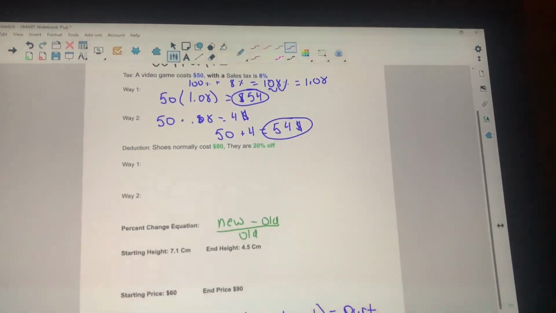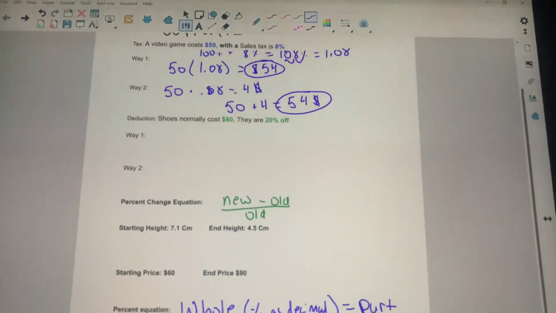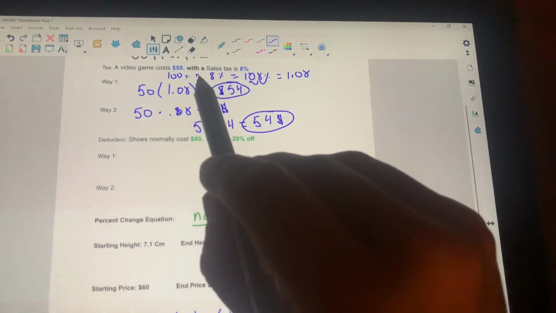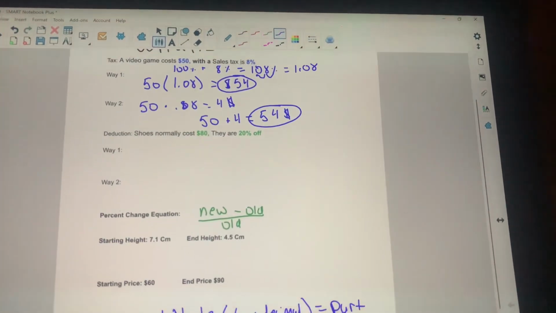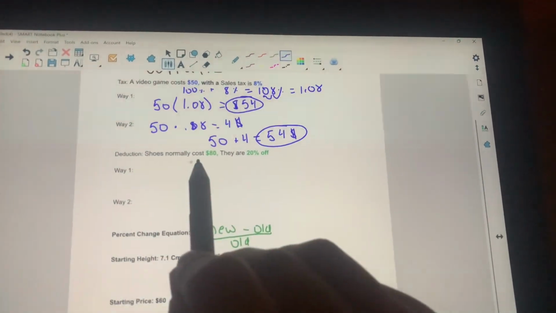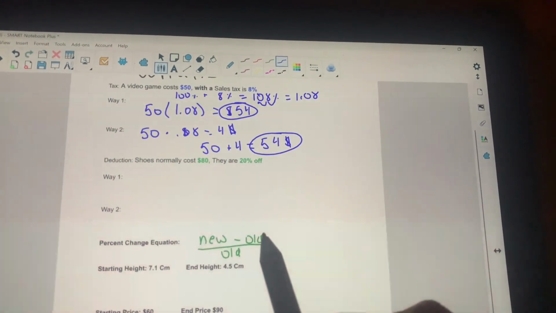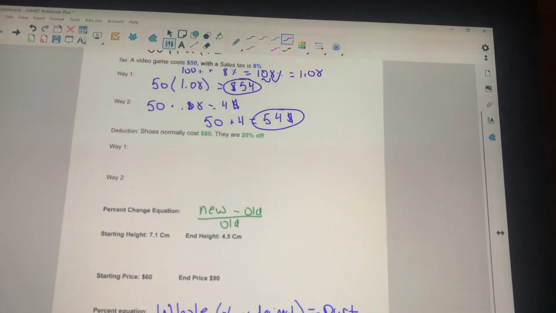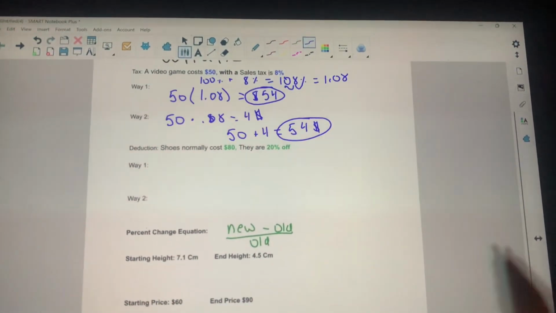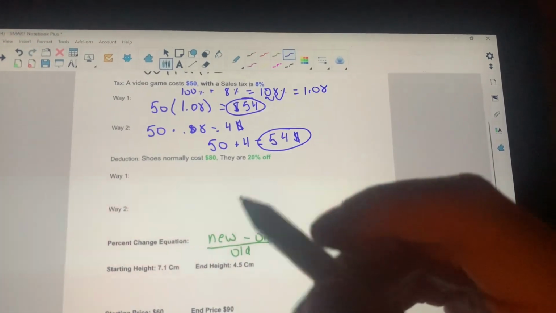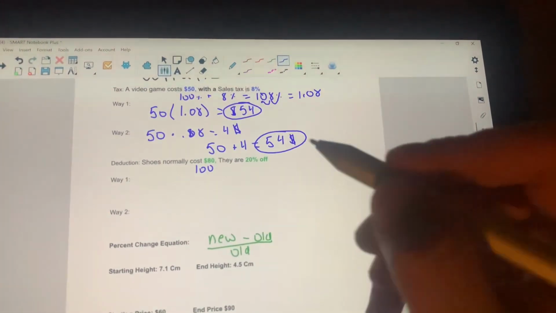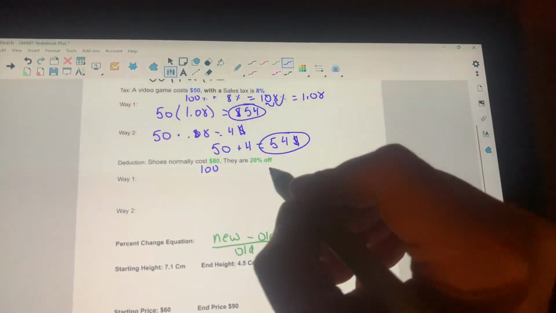Now, a deduction is very similar. The only difference, instead of adding like we did here, we would be subtracting. So shoes normally cost $80, and they are 20% off. So again, 100% of $80 is $80. So I'm going to write 100%, but I don't have to pay 20% because it's 20% off.